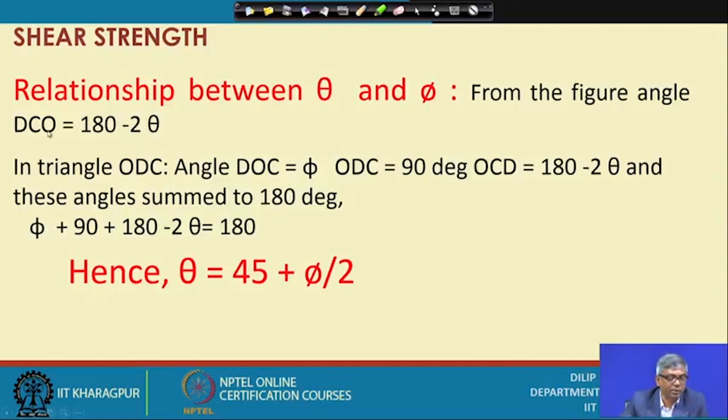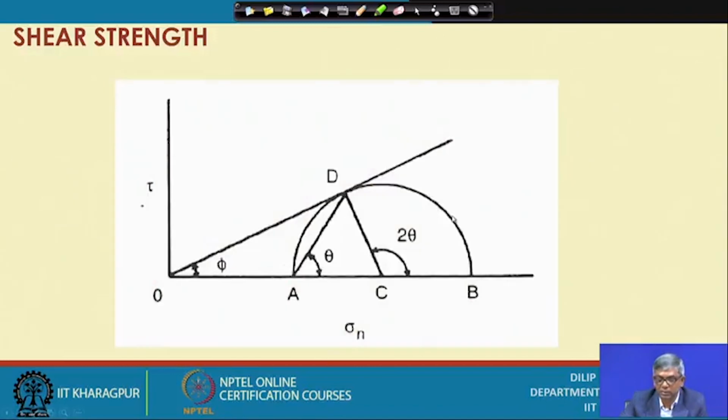So, based on this observation I can formulate it this way. You can see angle DCO is 180 minus 2 theta, because the total is 180.